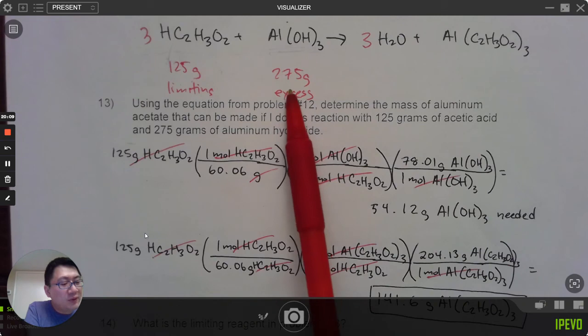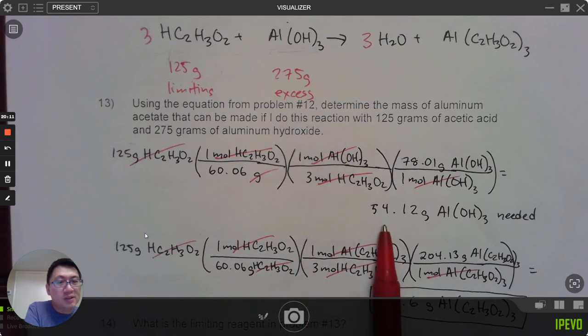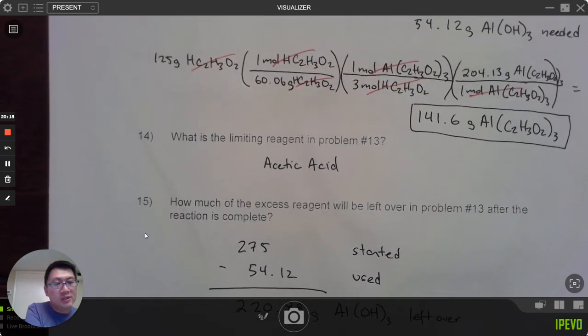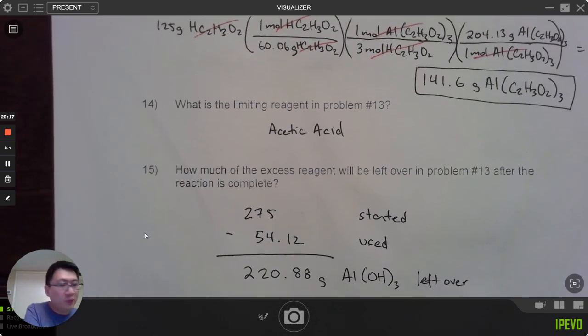If you had 275 and you use 54 of it, what's left? It'll be 275 minus 54, or 221, rounding, 220.88. Don't worry about rounding or sig figs right now. I start with 275, I use 54, and I'll have 220-ish grams of aluminum hydroxide left.